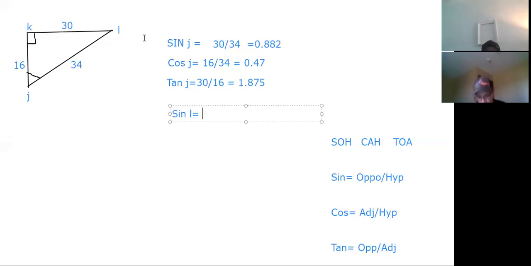So if I look at this, let's see if you're right. L is the angle I'm working with. So that means 16 is my opposite. This stays hypotenuse. And this is my adjacent. So it's 16 over 34.